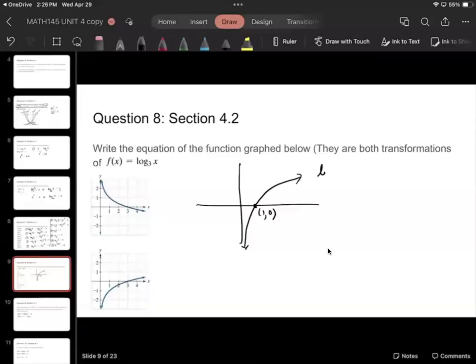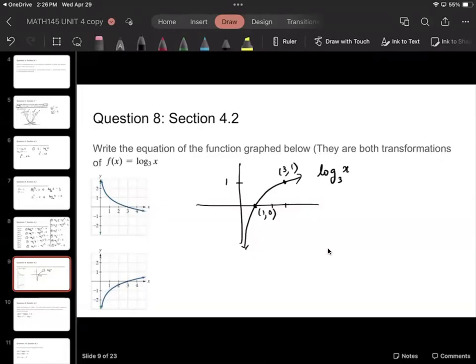If we are graphing log x to base 3, you know that when x is 3, log 3 to base 3 is 1. So (3, 1) would have been a point, correct?